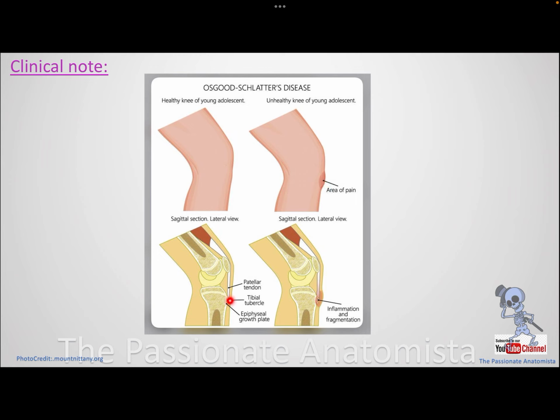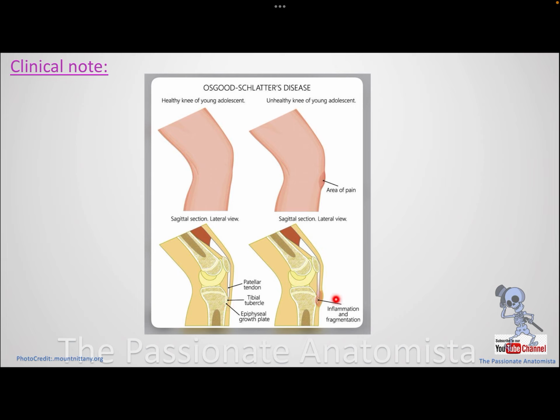That is what we call Osgood-Schlatter's disease. It's where you have the attachment of the patellar tendon on the tibial tuberosity, and it happens because of the growth spurts in that region. This is a clinical note related to the tibia that we need to know.